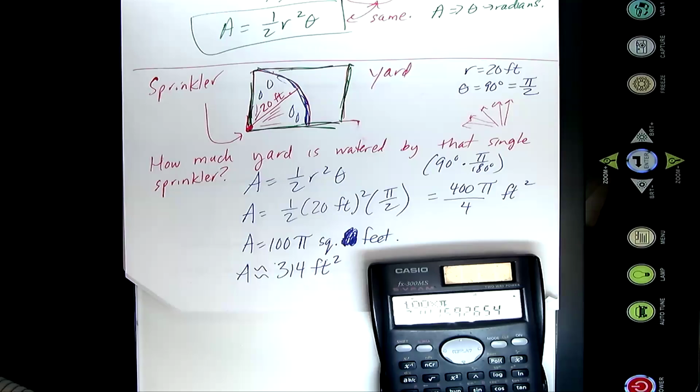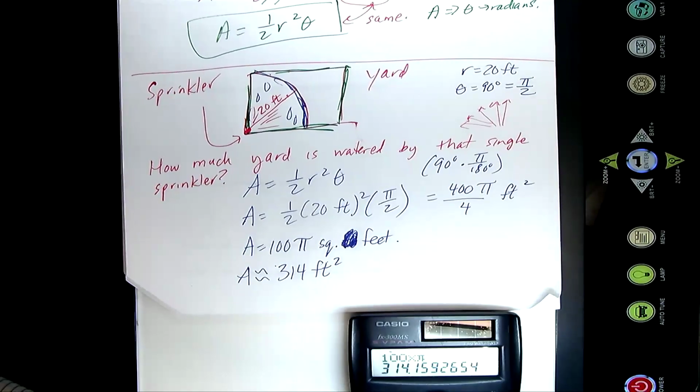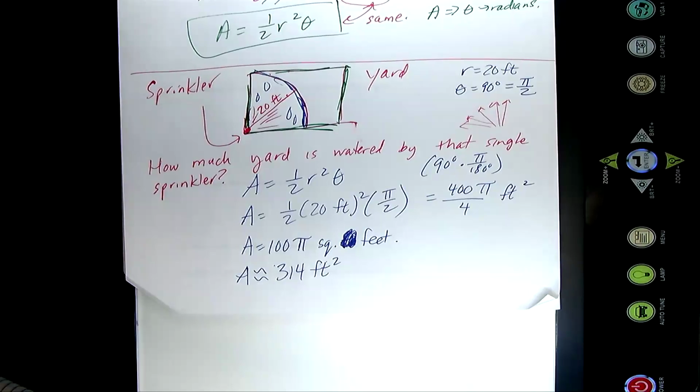It changed the number by like a full foot, or meter, I think it was feet. So having both rounded ended up changing it. Rounding twice rather than just once messed it up. It's kind of crazy. Alright, let's take a 10-minute break.